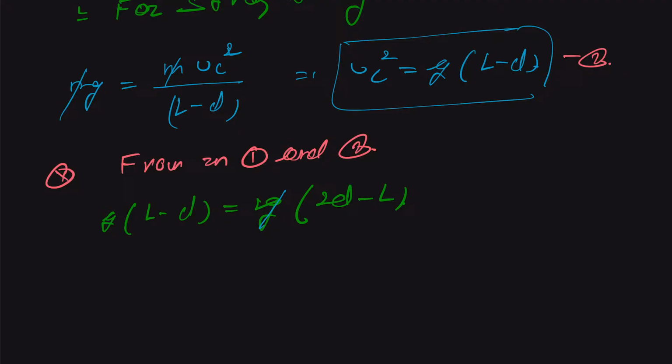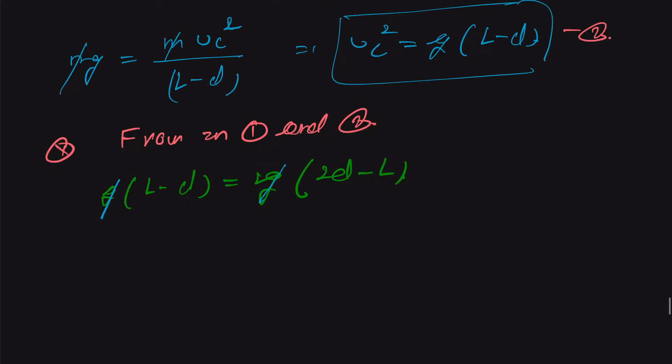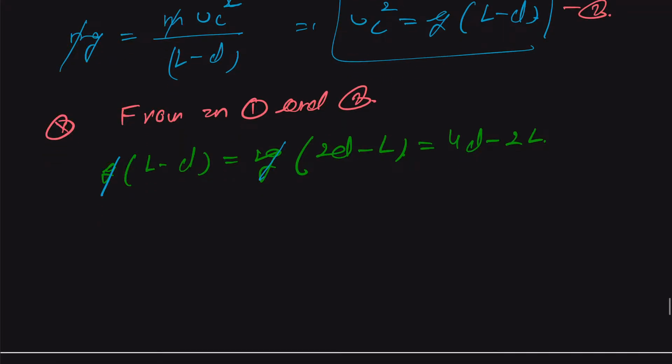So here g and g cancel out and this comes as 4d minus 2L. Okay. And which will be giving us 3L is equal to 5d. So we can say that the value of d is equal to 3L by 5.